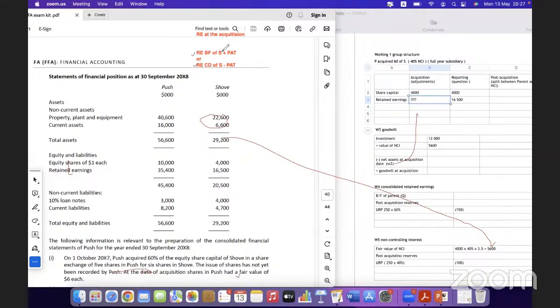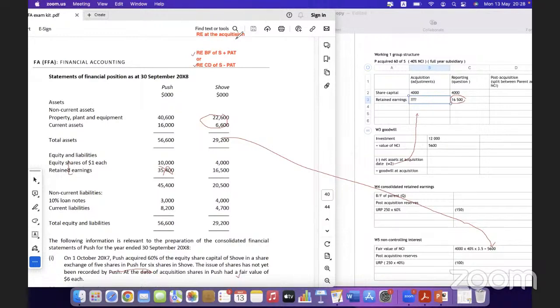Now, retained earning of subsidiary. Guys, in my question, this is the retained earning of subsidiary. This 35,400 is parent. You can't take this. So from the subsidiary, I just have one retained earning, which is 16,500. Now, it's up to us to decide, is that the brought forward or the carried down? Because there are two equations.